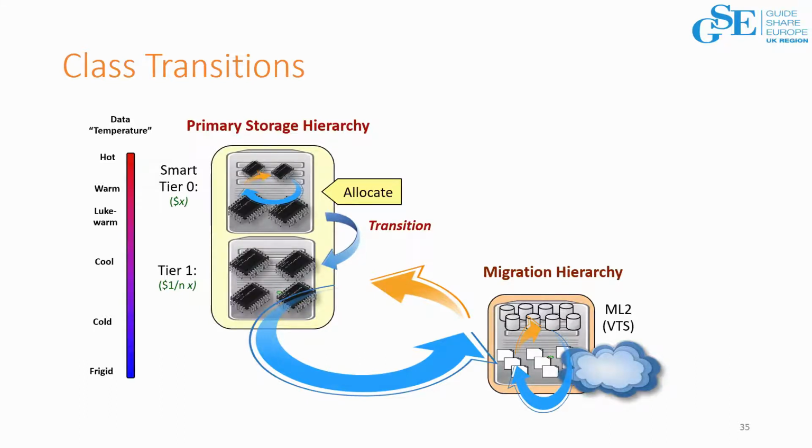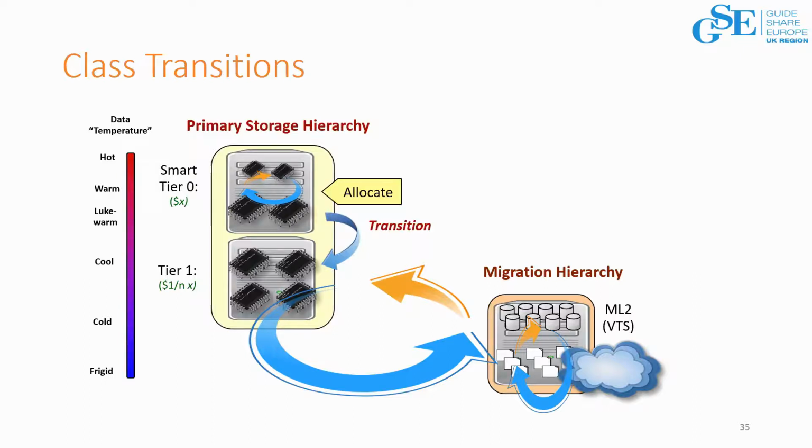Then over time, as the data is accessed less frequently, but it's still accessed enough to warrant staying online, DFSMS can transition the data to media defined in a lower cost tier in the primary storage hierarchy using FlashCopy. This obviously frees up valuable space on that Easy Tier device so that new data can be allocated to it, but it's guaranteeing that the data remains on that lowest cost online storage.